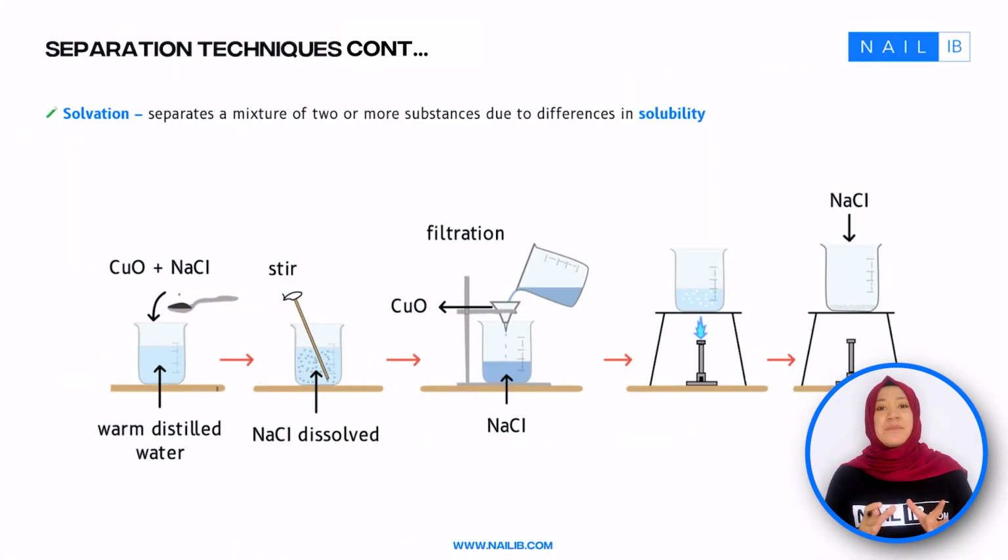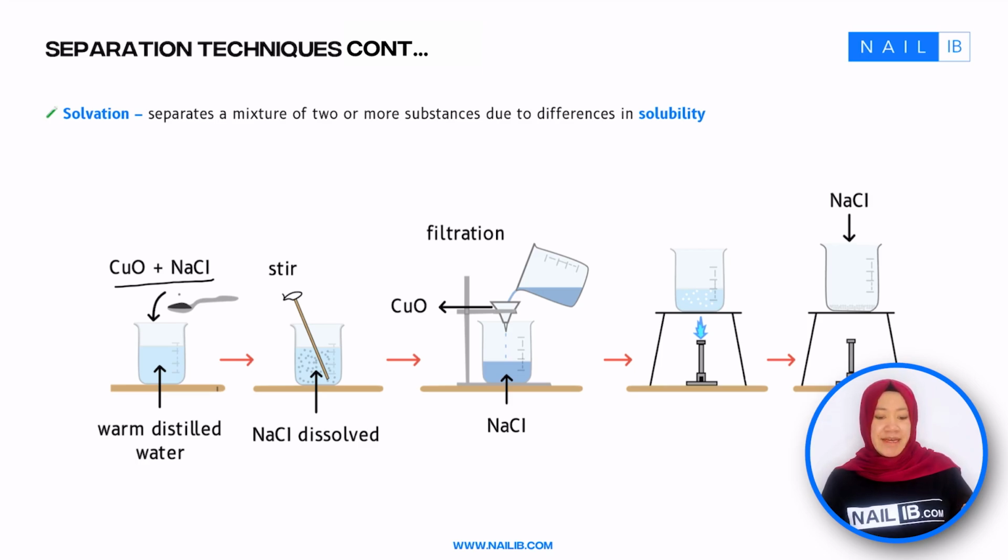Solvation is a separation technique to separate two solutes based on their solubility in a solution. For example, a mixture of copper oxide and sodium chloride. When you stir it, NaCl will dissolve completely in the water, but not copper oxide because it's difficult to dissolve in water.